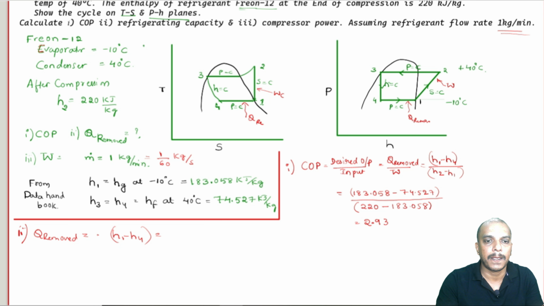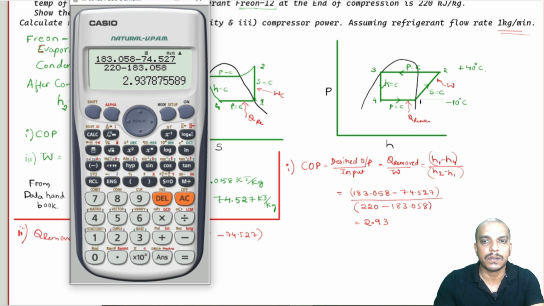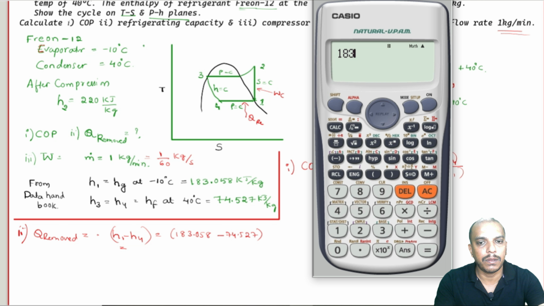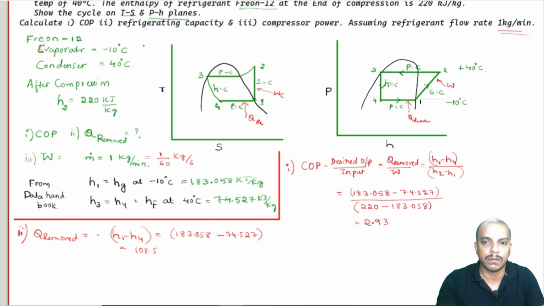For example, H1 is 183.058 minus 74.527. That will give us 108.531 kilojoule per kg.